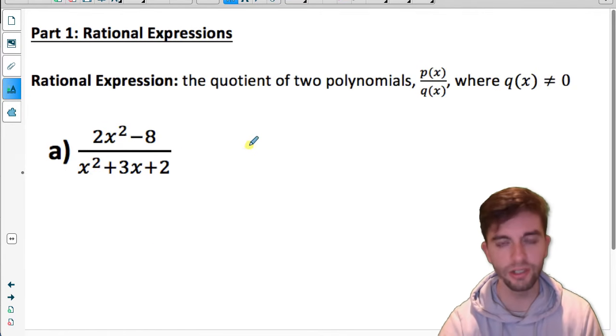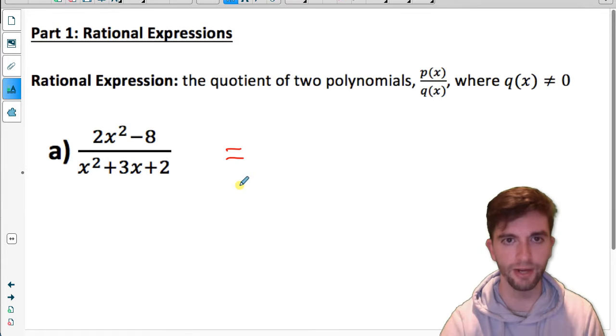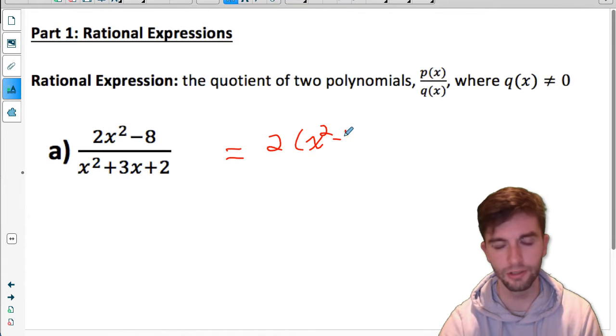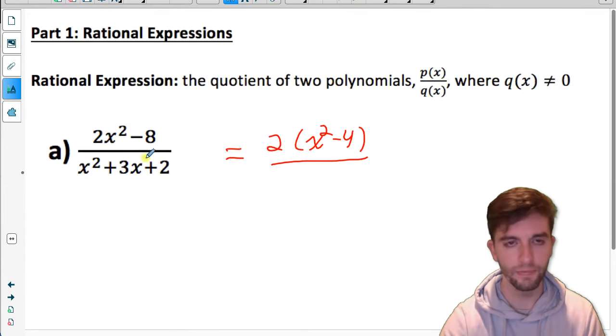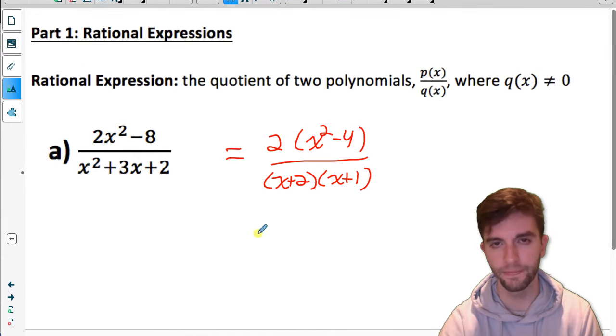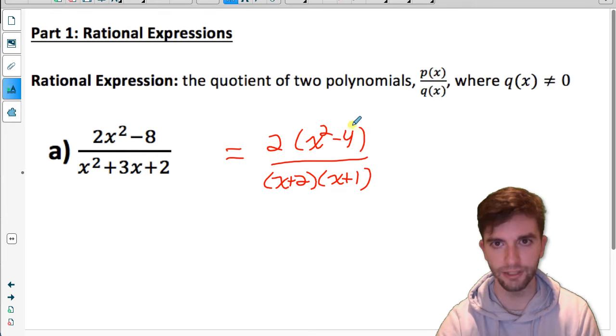So let's simplify this. When simplifying a rational expression, you have to make sure you start by fully factoring it. So from the numerator, I can common factor out a 2. And from the denominator, I notice it's a quadratic in standard form. I can try and find numbers who have a product of 2 and a sum of 3. And the numbers that satisfy that product and sum are 2 and 1. This isn't fully factored yet.